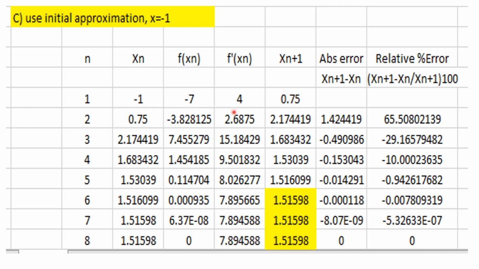Then use this 0.75 as your x sub 1 for the second iteration. The same result will be obtained on iterations 6, 7 and 8. So the value x equals 1.51598 is the desired root for the equation of the curve. So the answer would be 1.5.